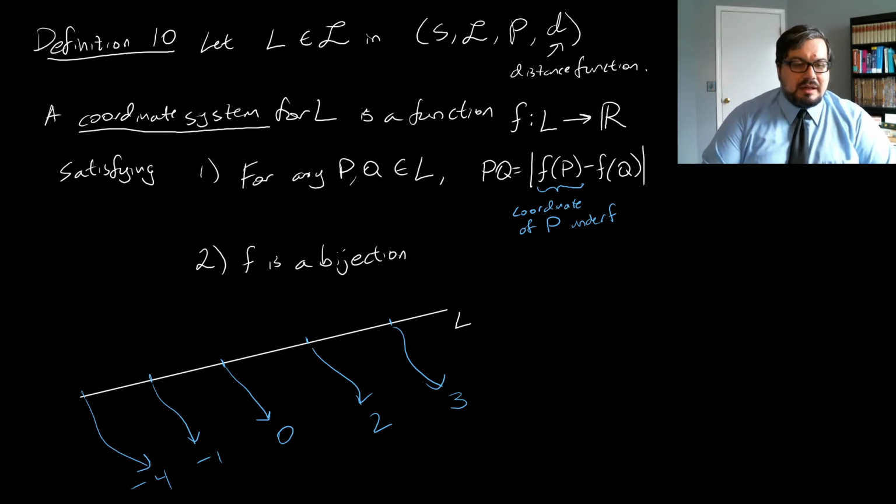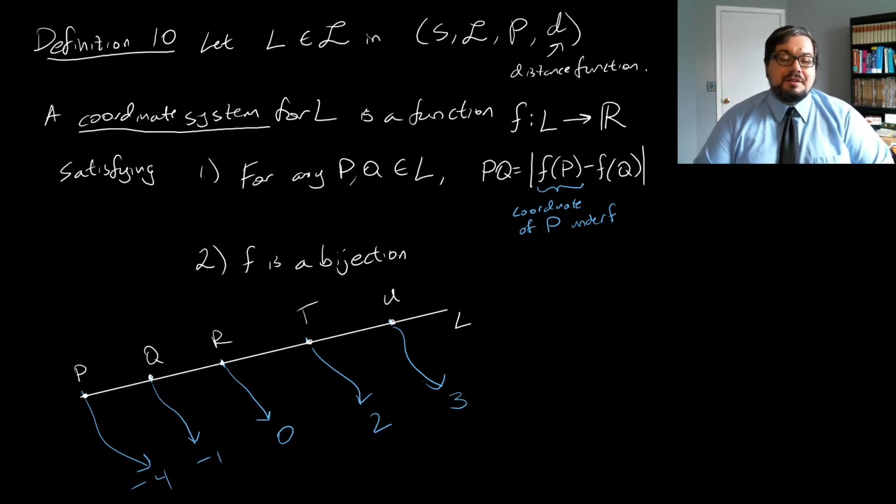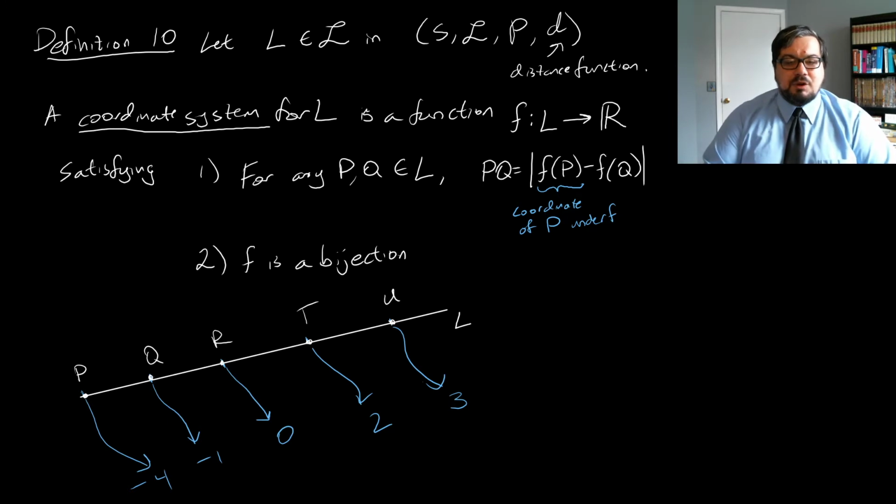And so if I label these points here, P, Q, R, T, U, then what the existence of a coordinate system f here tells us is that, for example, the distance from P to R is equal to the absolute value of f of p minus f of r.